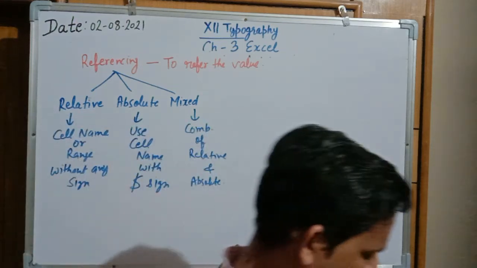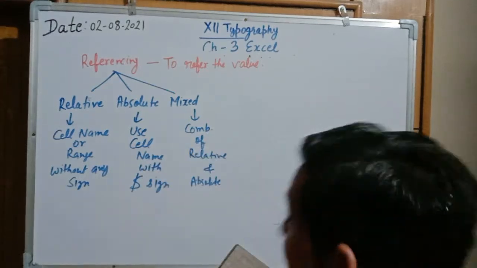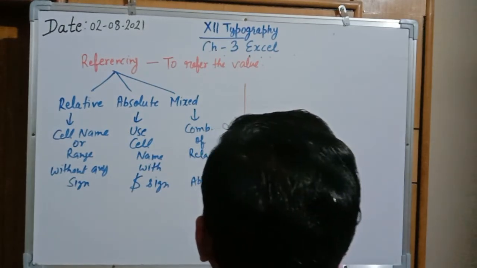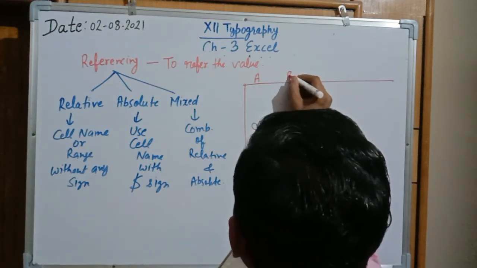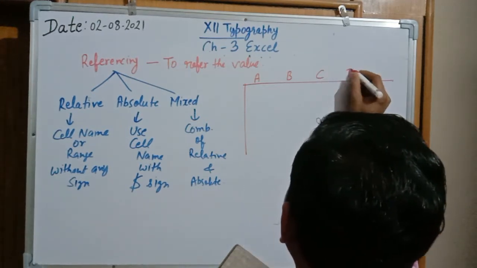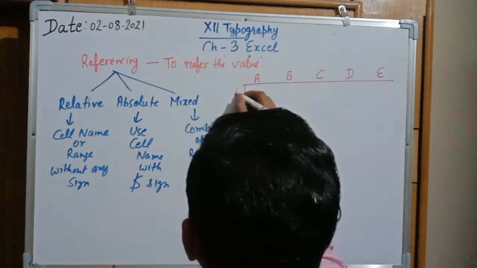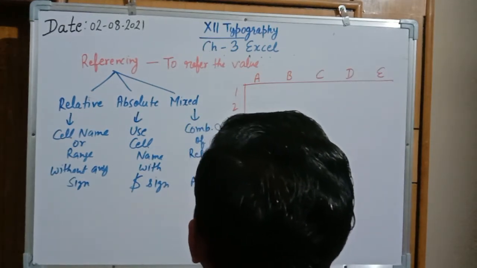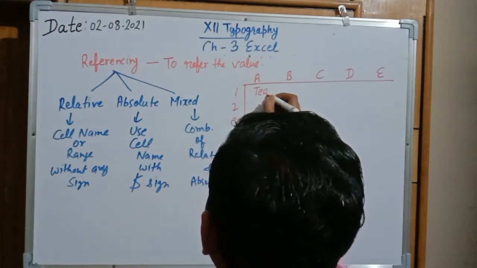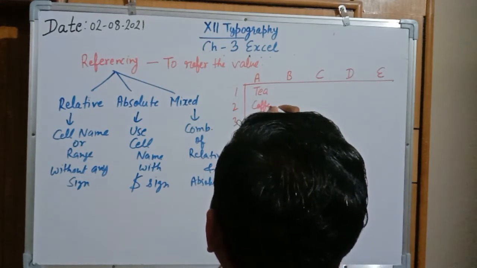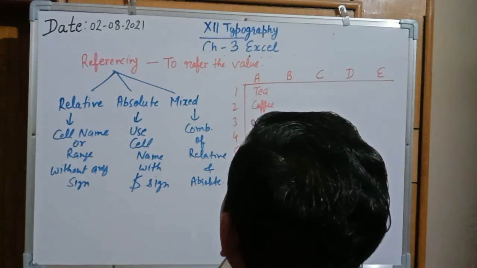Let's take one example. It will be more clear. Like we are having an Excel sheet. Columns are A, B, C, D, and E. Values 1, 2, 3, 4 are the row numbers. I have taken items: tea, coffee, wheat.